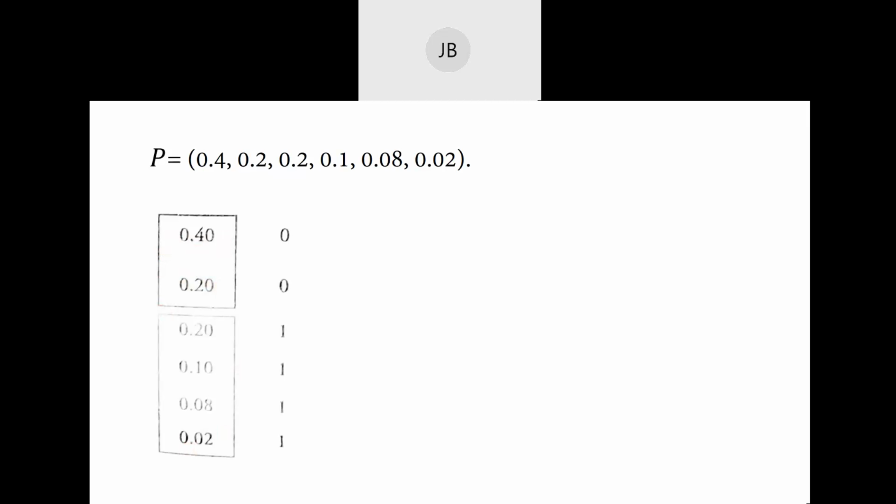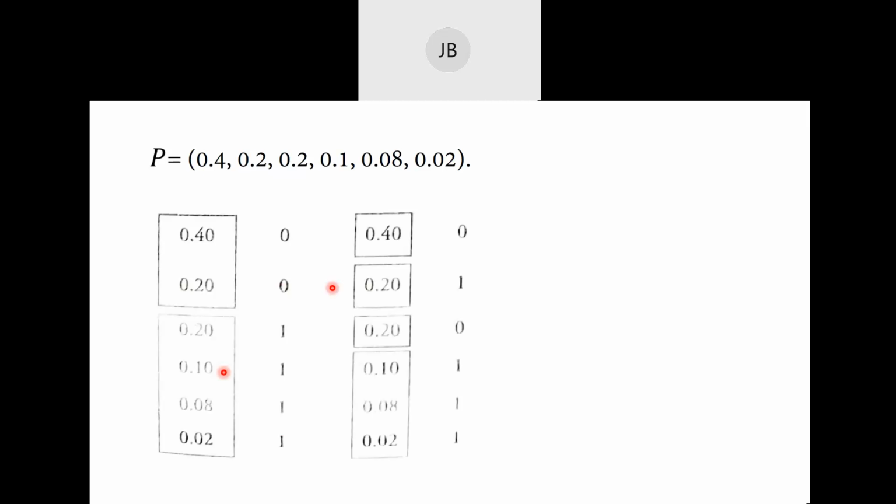So then once we form two groups, one of the groups will be assigned zeros. For example, the top group is assigned zeros and the bottom group is assigned ones. And we will continue this process as per the second step of the Shannon-Fano encoding scheme. So here, since there are two elements, it can be further divided such that each group will have only one element. Similarly, this group has four elements.